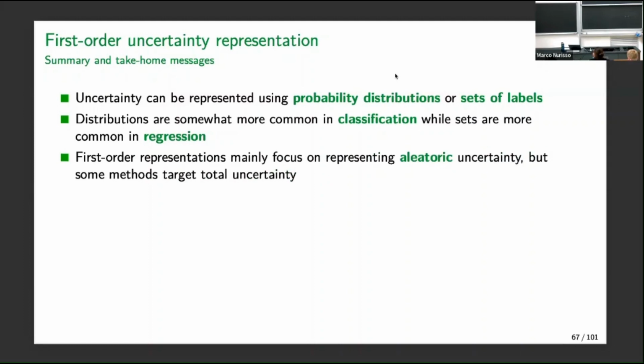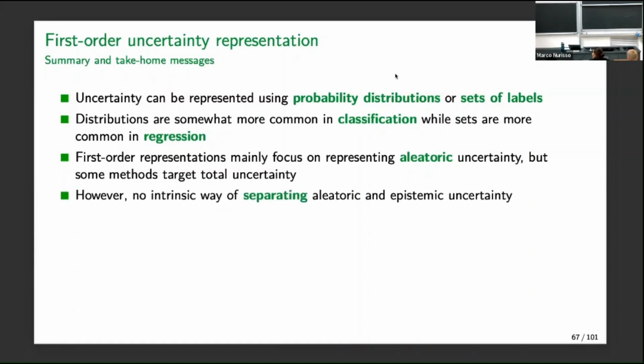As I said already, this first order representation is mainly focusing on aleatoric uncertainty, but this is not exactly true because, for example, in conformal prediction, we have also seen the effect of a limited validation data set and a limited test set. So this is not 100% true, but in this first order representation, we're mainly looking at the aleatoric uncertainty, I would say.